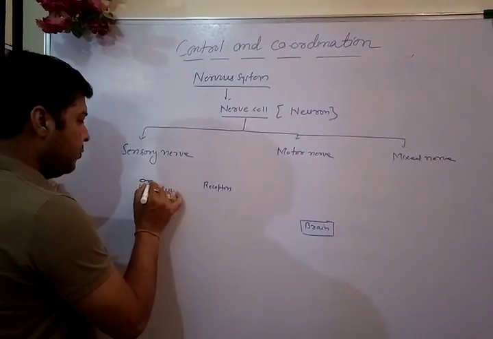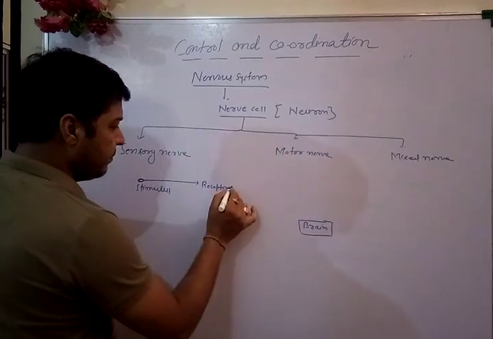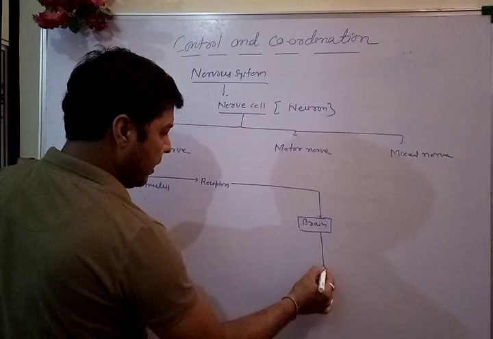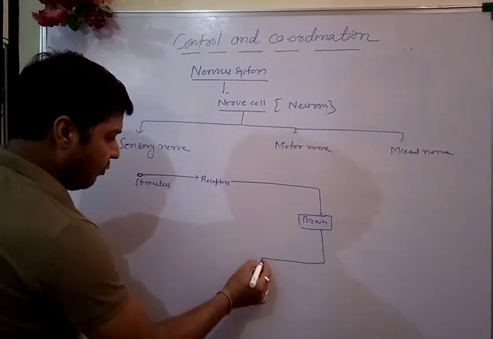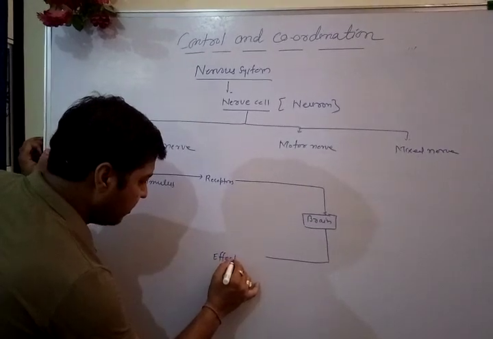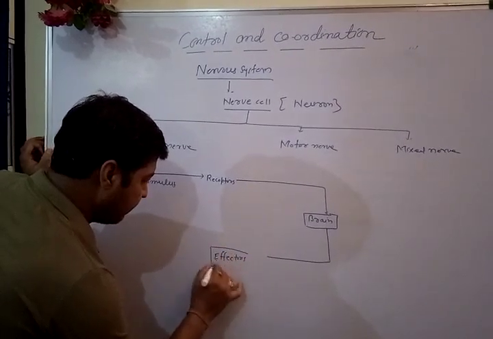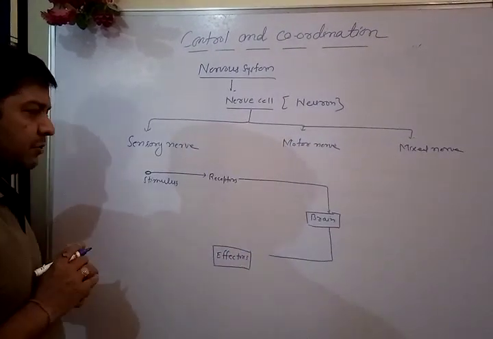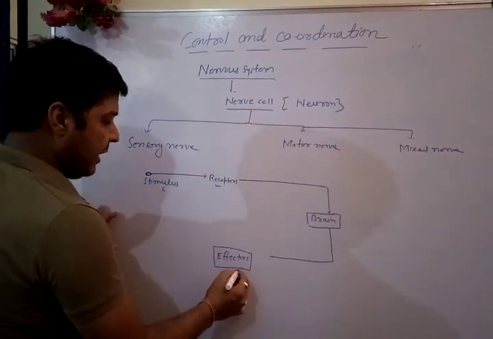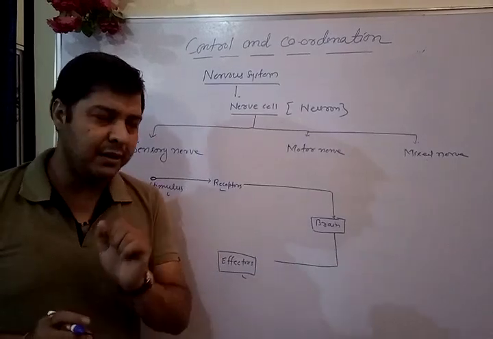So you see the path. And now if I write about effectors, there are three terms: stimulus, receptors and effectors. I'll explain one by one.